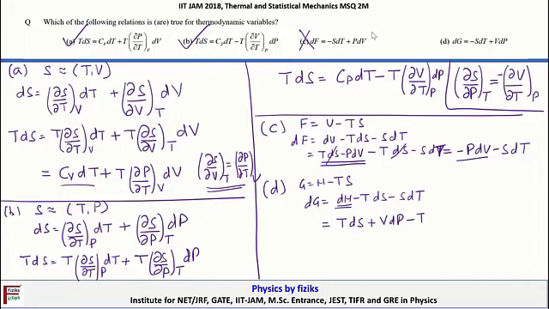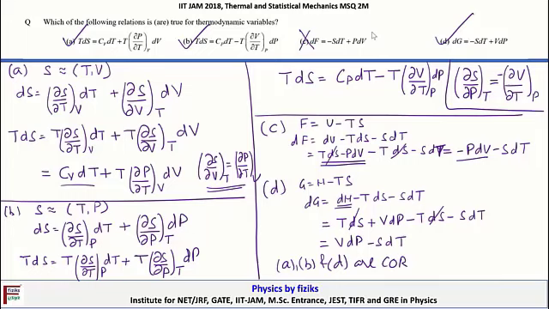Then minus TdS minus S dT. This will cancel with this quantity and ultimately we are left with VdP minus S dT. Yes, so that means D is also correct. So here three options, A, B and D, are correct.